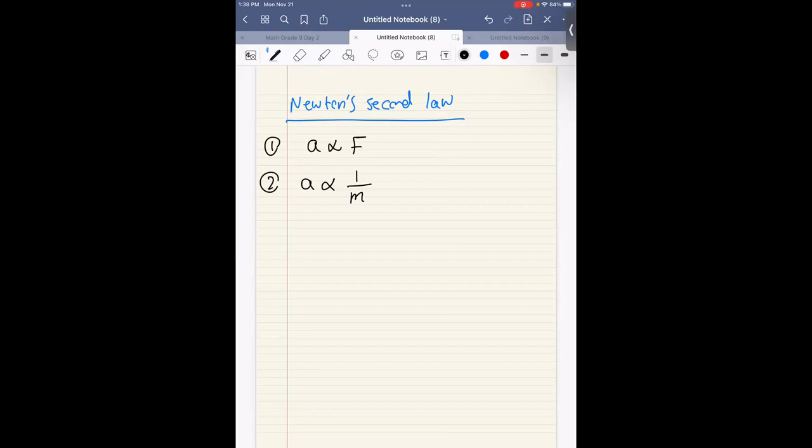And Newton concluded that the acceleration is actually equal to the net force over the mass. So in other words, as you said, m times the acceleration is equal to the net force. Okay.